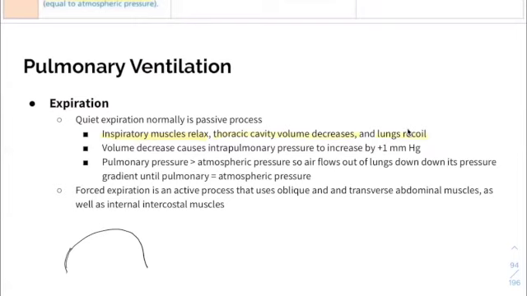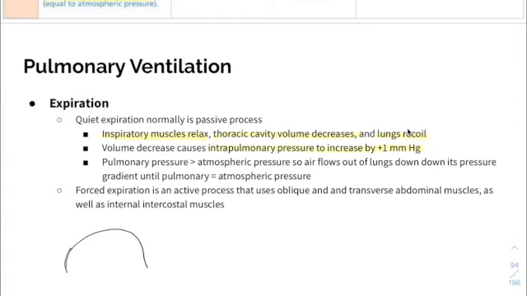So when we exhale, we're decreasing the volume of that gas in our lungs, and it causes our intrapulmonary pressure to increase. Just remember, if we think of Boyle's law, we are decreasing the size of that container.